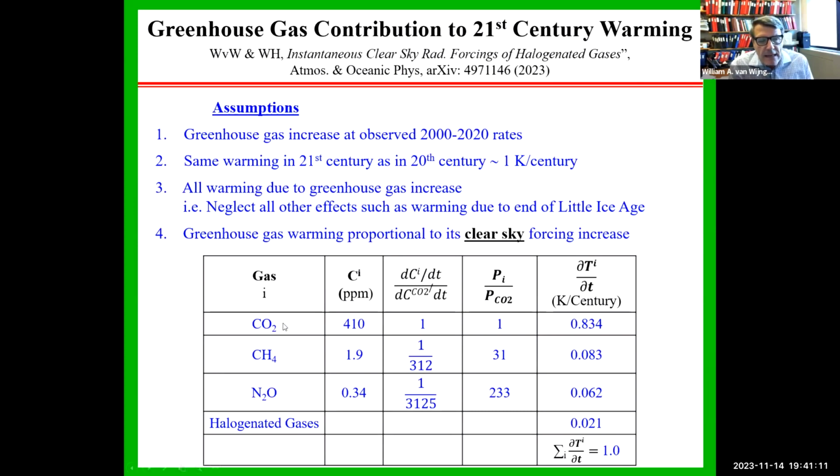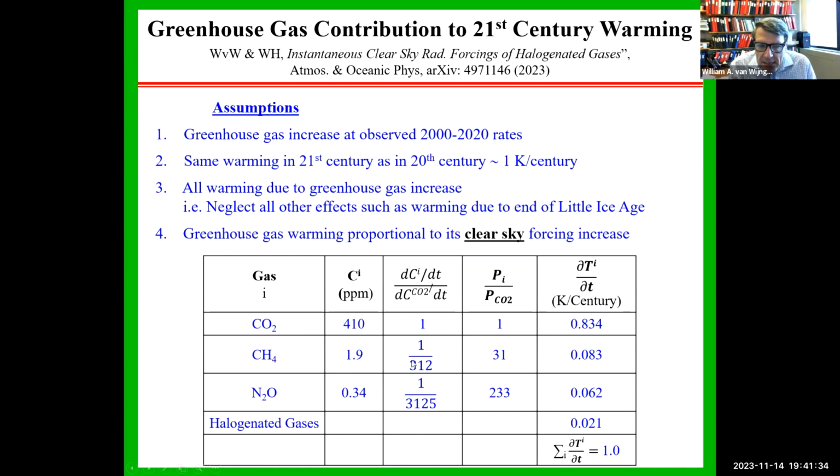So here we consider the gases CO2, methane, nitrous oxide, and these halogenated gases. We use 14 of these halogenated gases that have the greatest greenhouse capability. Here are the concentrations in this year. And then we look at the rate of increase of each gas relative to that of CO2.